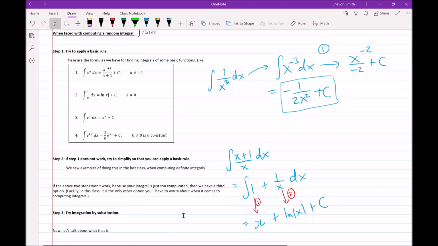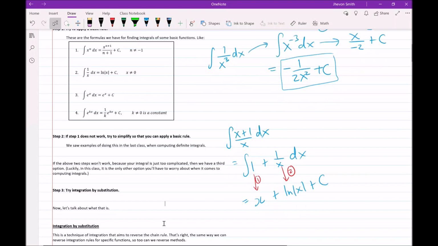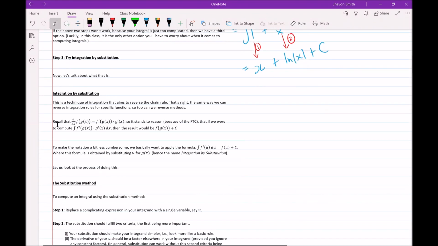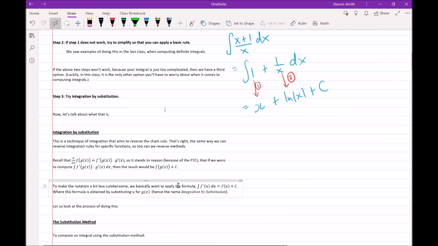Now what I want to do for you guys, and we're not going to have time to go through many examples, but at least I want to go through one in detail, is I want to teach you guys how integration by substitution is going to work. As the name suggests, we are going to substitute things in order to make our integral easier, okay? Now, what is integration by substitution?